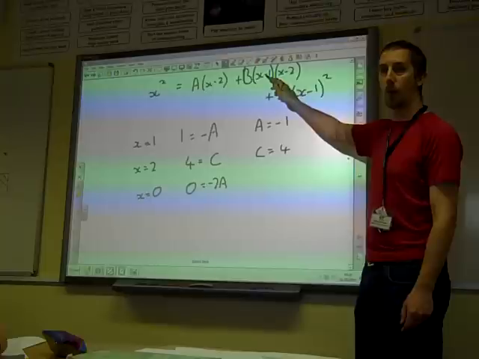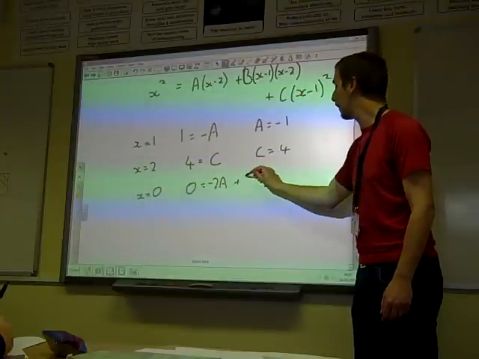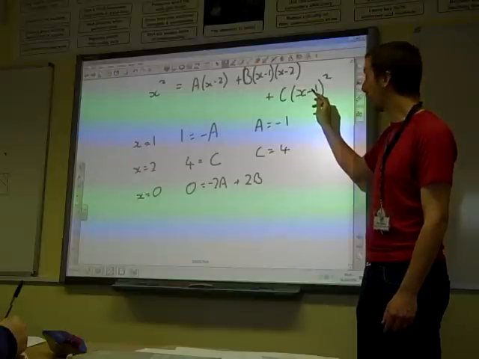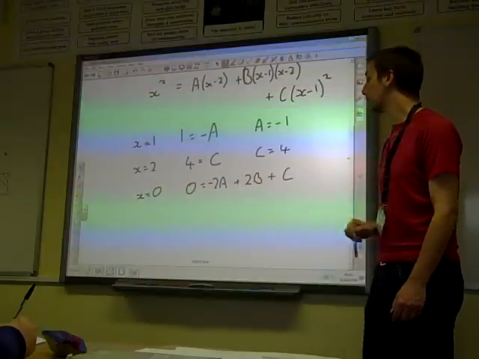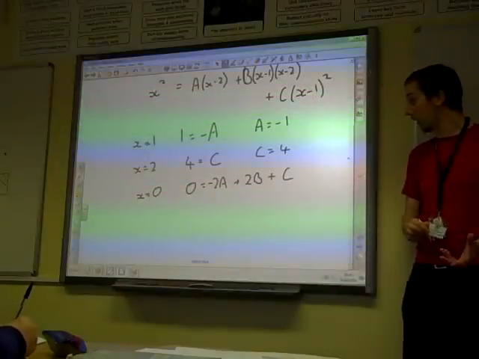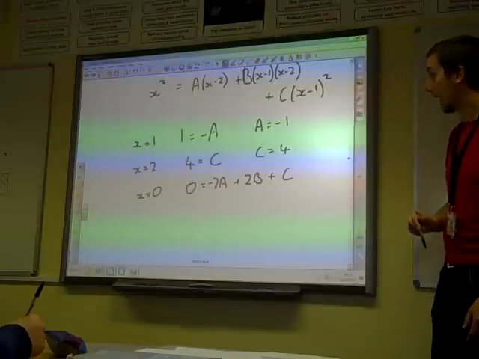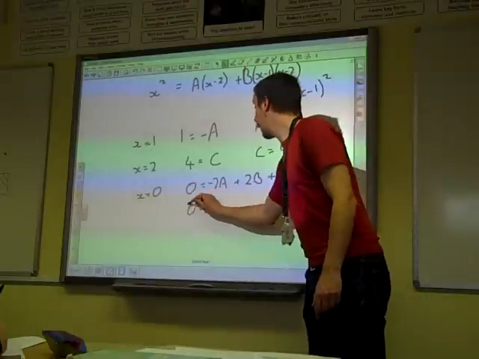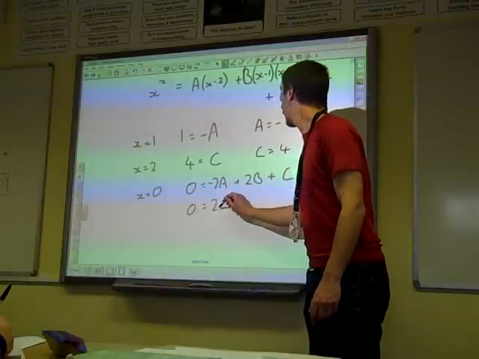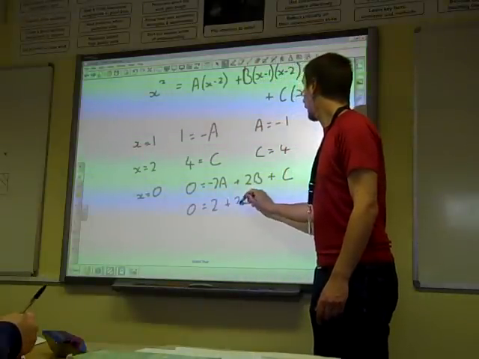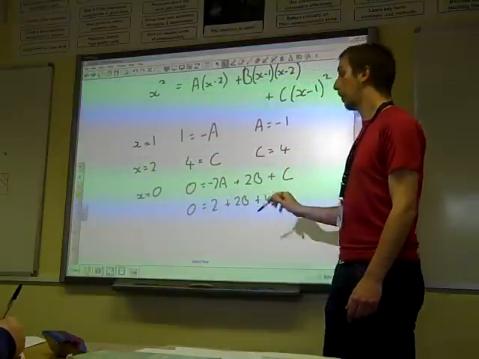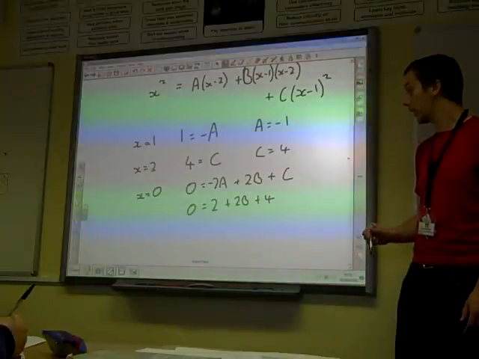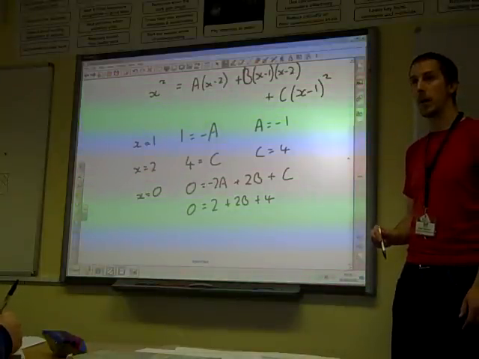We get minus 1 times minus 2, so that's 2b. And we get minus 1 squared, so that's plus 1 times c. We already know what a and c are, so we sub those in, and we've got 2 plus 2b plus 4, and so we get b as being minus 3.